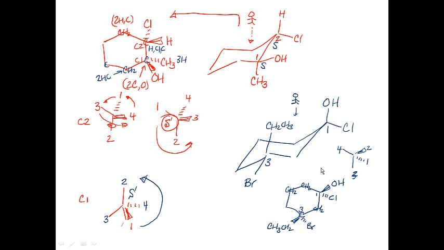So there's my 1, 2, 3, and 4. Orient the 4th priority group away from you, so I'm going to switch 2 groups twice. Going from 1 to 2 to 3 is counterclockwise. So carbon 1, the way I've numbered them, has the S configuration.